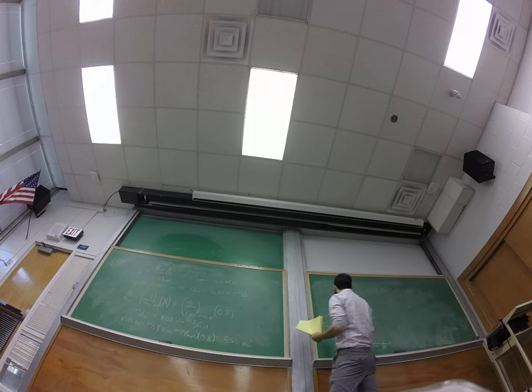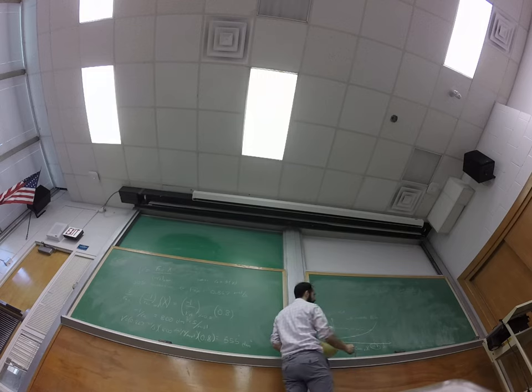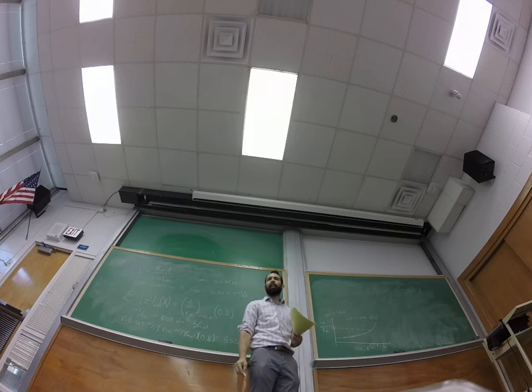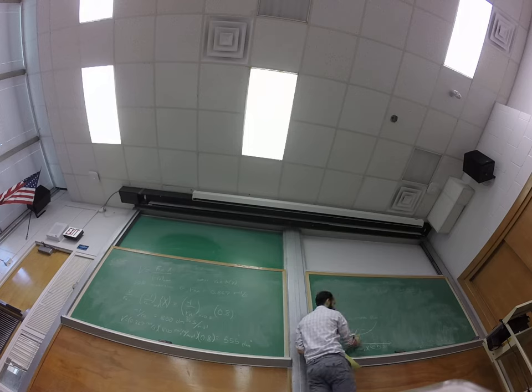Almost. But think about what I did. I multiplied 0.8 times that value. So it's not the area under the curve, but it's in fact this entire area, right? Everybody see that?